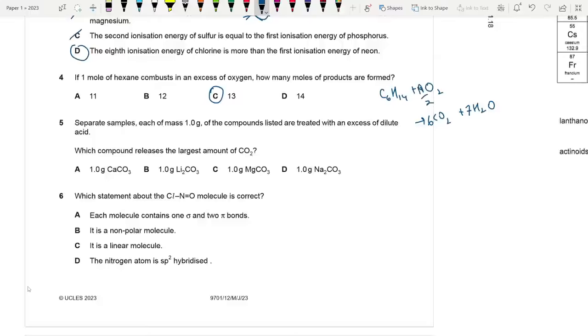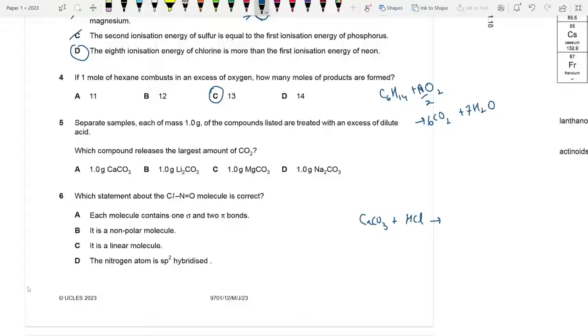Okay. Separate samples, each of mass 1 gram, are reacted with an excess of dilute acid. Which compound releases the largest amount of CO2? So CaCO3 plus a dilute acid, so it might be HCl, but dilute.